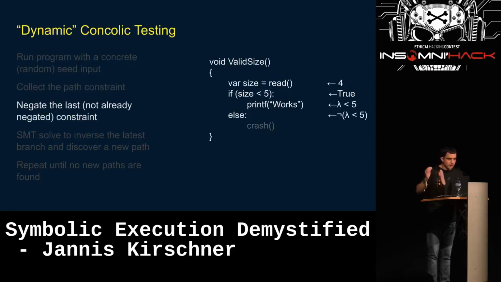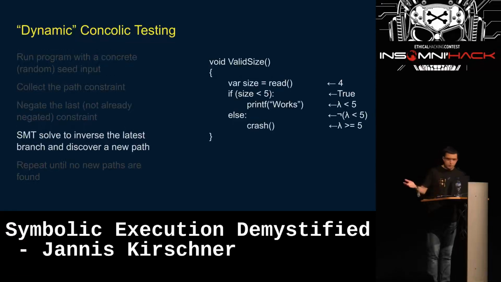It inverts the last accumulated constraint, and that way, you get access to the other side of the branch. And from there on, it can, for example, explore the crash function. And it does that with all of your constraints. So it takes the last constraint, it negates it, explores, goes back to the last constraint, negates it, explores, until there are no constraints left.